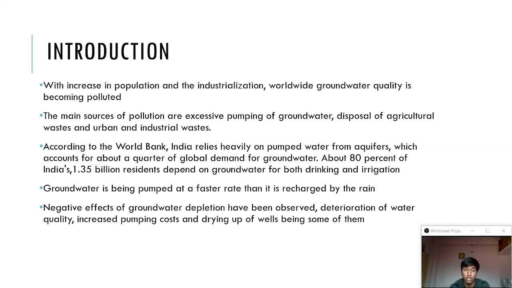That is about a quarter of global demand for groundwater, and also about 80% of India's 1.35 billion residents depend on groundwater for both drinking and irrigation. Now, that is a very high percentage that depend on groundwater for their daily lives.